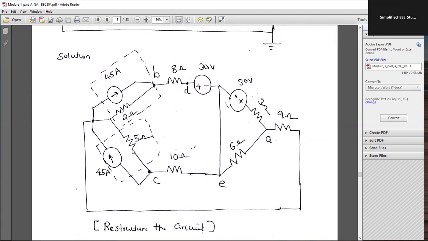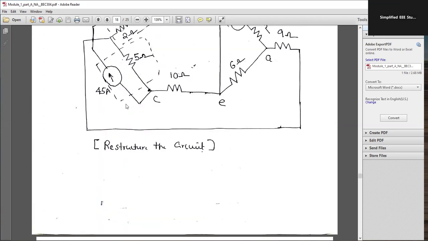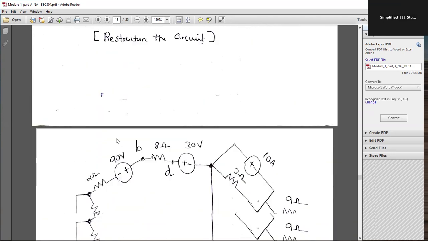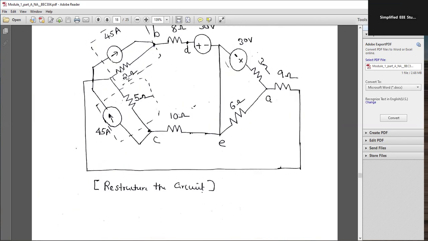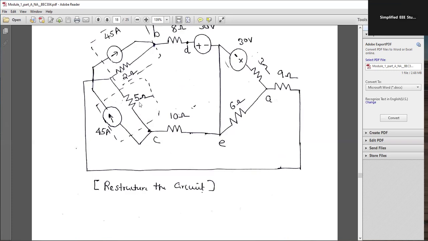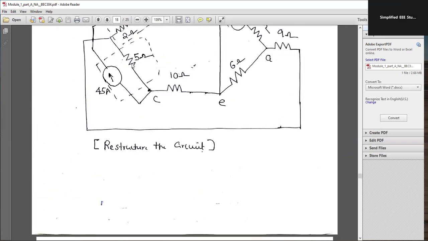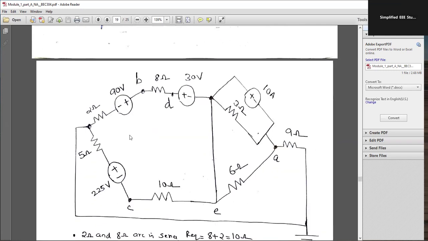So I convert to a voltage source in series with the resistor. Here 45 into 2 is 90 volt in series with the 2 ohm resistor. On the opposite side, 45 into 5 is 225 volt, in series with the 5 ohm. That is what I have done.